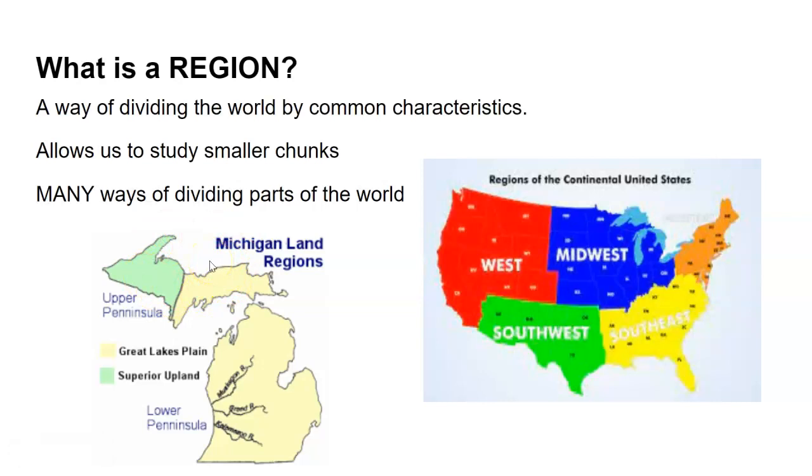It's more heavily forested, a little bit more rural, with a lower population compared to the Lower Peninsula, which is more urban and has a bigger population. So just jot down an example of a region that you know about.